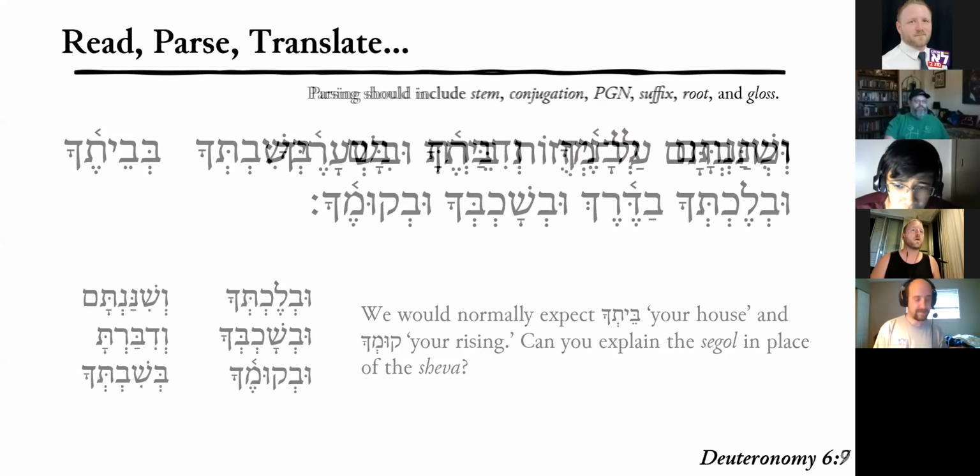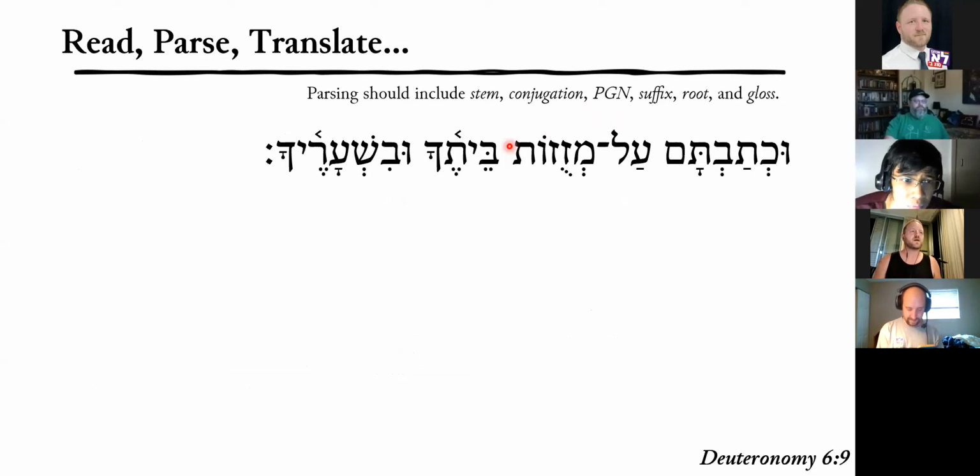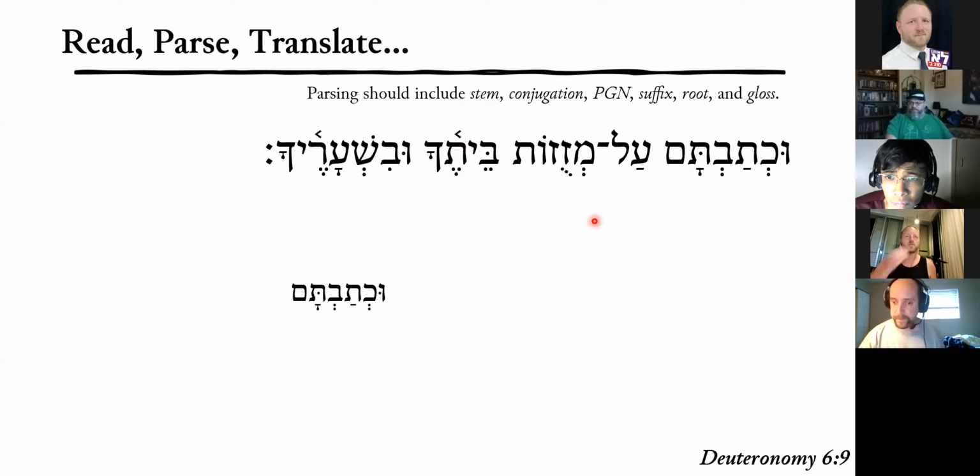Okay. All right, next verse is from 6:9. It's the last verse of the first paragraph of the Shema. Uchtavtam al mezuzot beitecha. There's that pausal form again. Uvish'arecha. This one is the plural ending. Okay, so uchtavtam. Jonathan, what do you make of that?